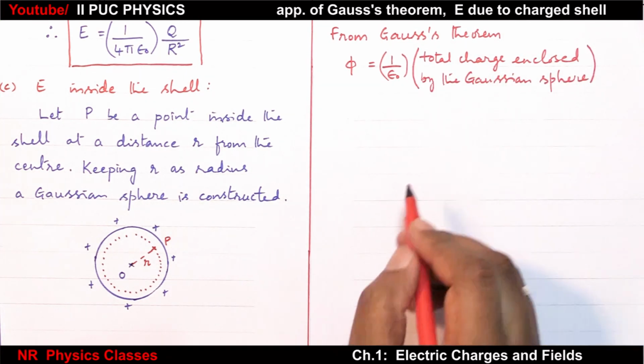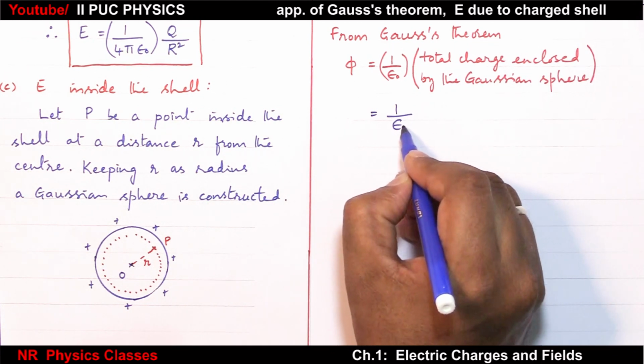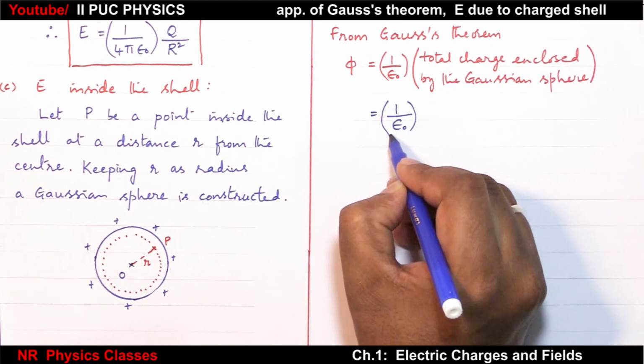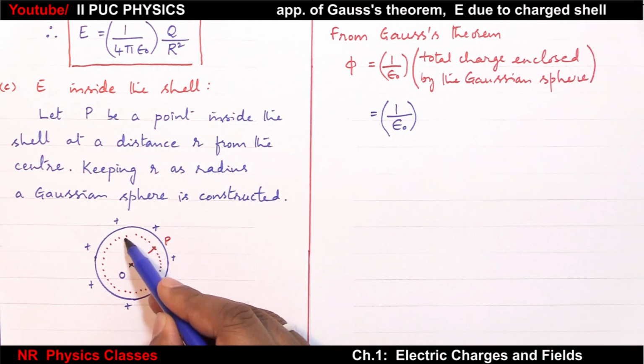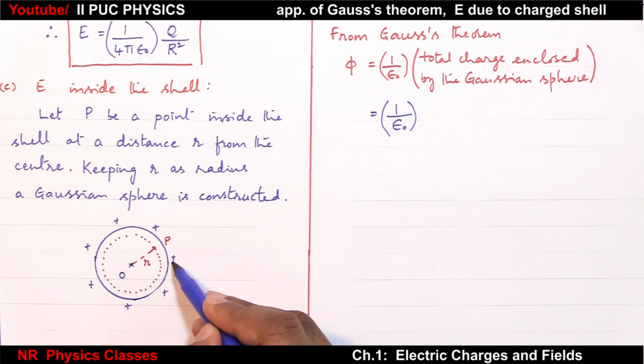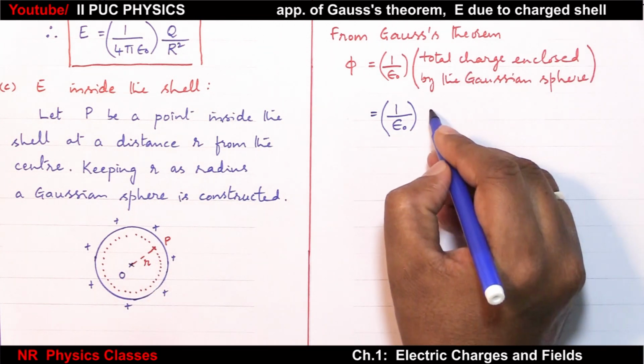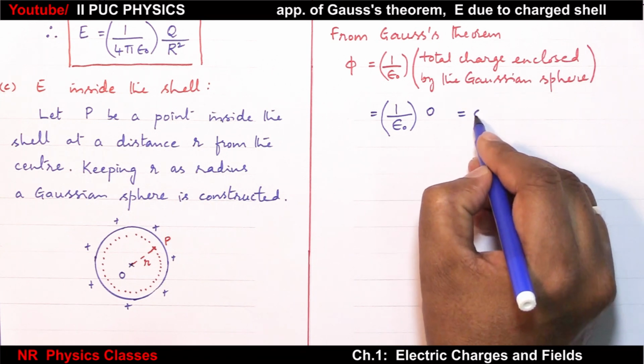And here lies the clue, equal to 1 by epsilon naught into what is the charge within this Gaussian sphere? Observe, charge is outside the sphere because shell is outside the Gaussian sphere. There is no charge inside the Gaussian sphere. Therefore, this total charge is 0.